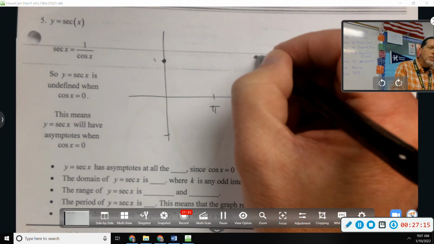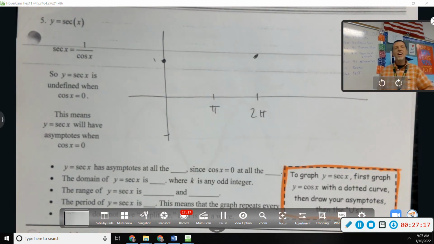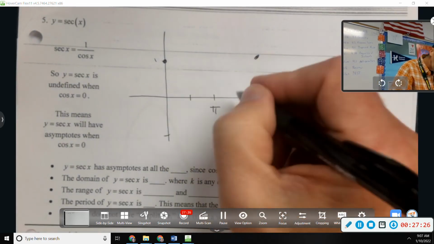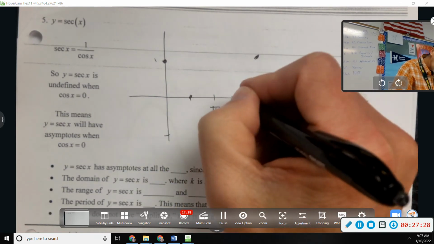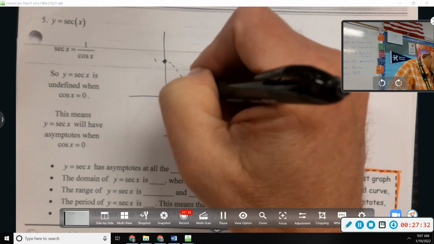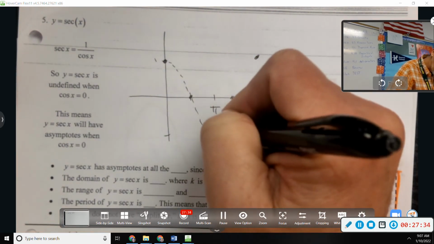This is how you start to graph these fast. I know where it starts, which means I know where it ends. And then I can fill in the middle because I know what the wave looks like. It says graph it with a dotted curve. Sorry if you're using a pen and you didn't do that yet. You'll be okay though.